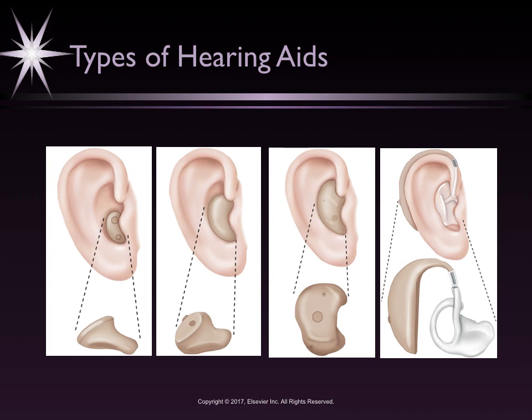We have to make sure as nurses that we handle hearing aids properly for our hospitalized patients. Hearing aids are expensive. Normally, a person does not get just one hearing aid. It has to do with the stereotactic system of hearing.